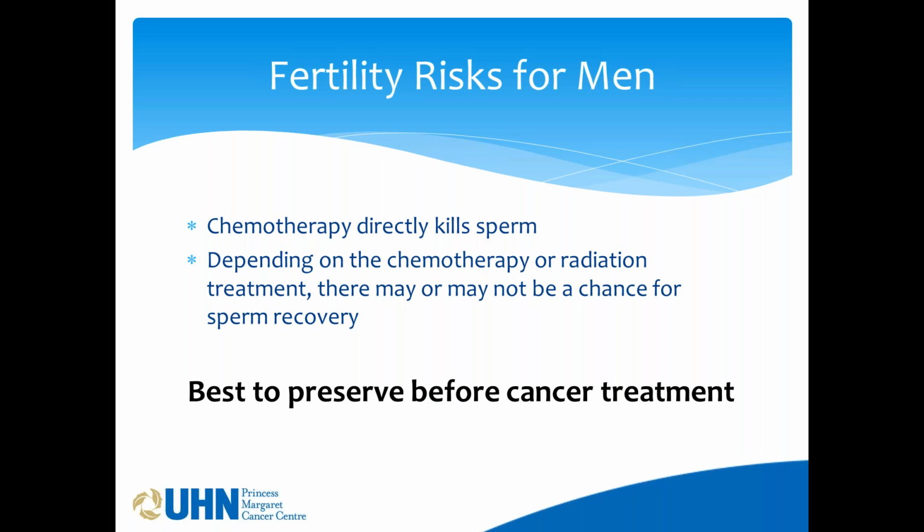For example, one of the most common treatment regimens for non-Hodgkin's lymphoma is called R-CHOP chemotherapy. There is a chemotherapy that we call an alkylating agent, cyclophosphamide, in that regimen that can have a longer term effect on fertility if given in larger doses.